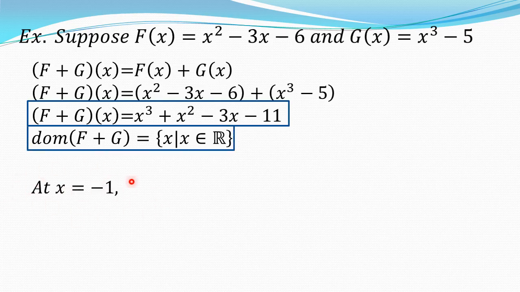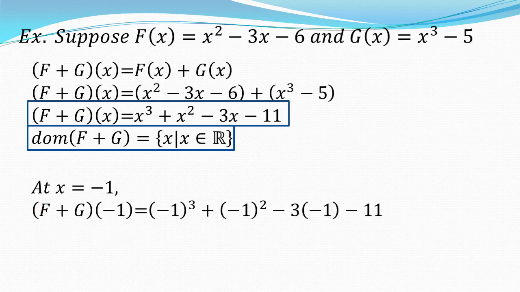At x equal to negative 1, we just take this expression here, f plus g, put it over here, and then substitute x with negative 1. As you can see, all the x's have been changed into negative 1.